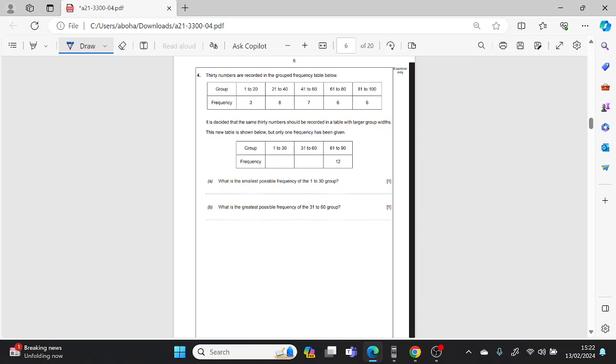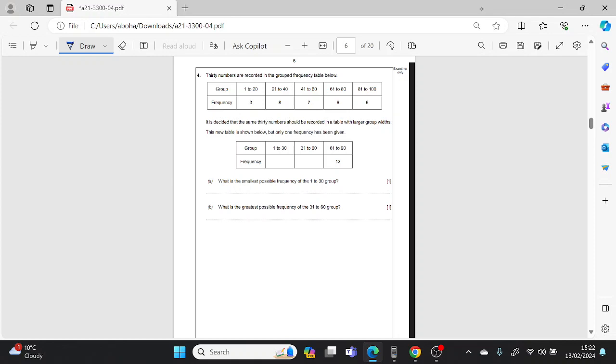So let's just have a look at this again. We've got 30 numbers recorded in a group frequency table below. So 1 to 20, there was 3, 21 to 40, there was 8, and so on and so on, okay? It is decided that the same 30 numbers should be recorded in a table with larger group widths.